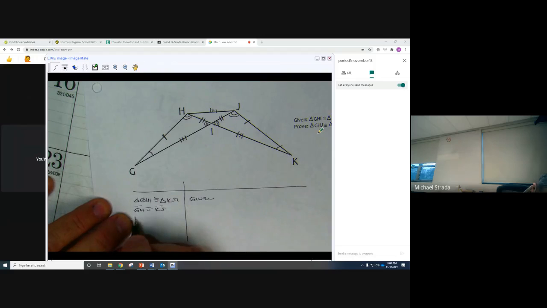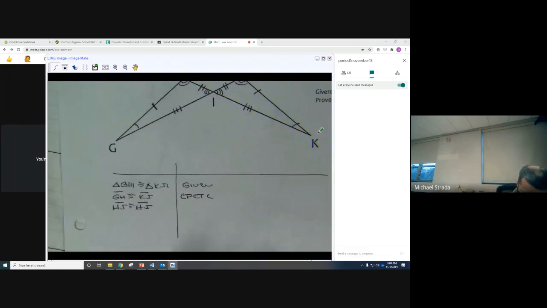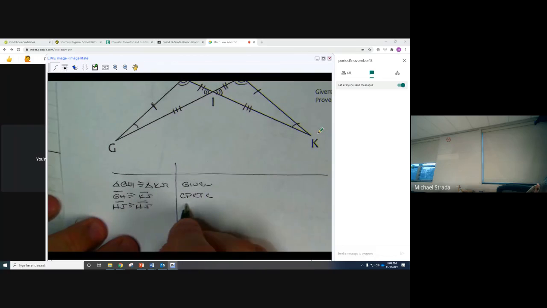I used HJ was congruent to HJ. So the GH congruent to KJ came from what 5 magic letters? CPCTC. The HJ congruent to HJ comes from, of course, the shared side.